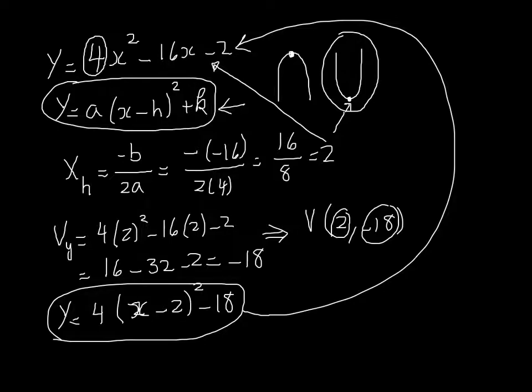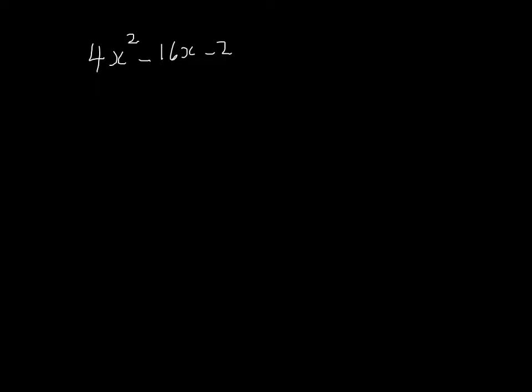But the lesson here is another technique to find the vertex form, which is called completing squares. Now, in completing squares, if you have a quadratic in standard form, the process to get the vertex form is a little bit more involved.